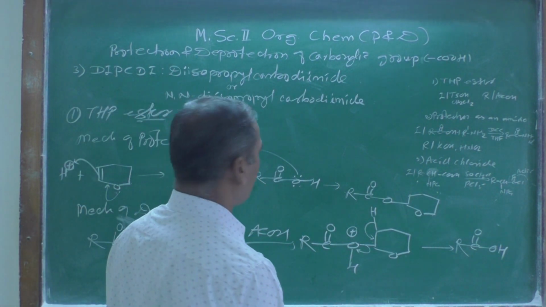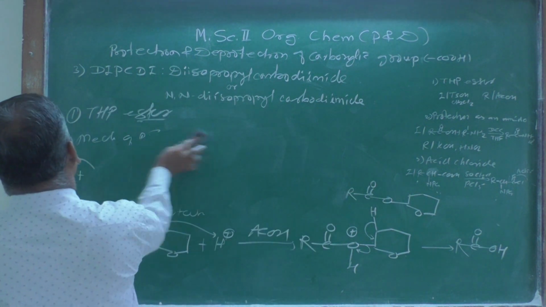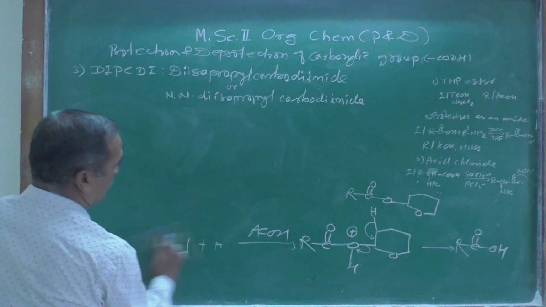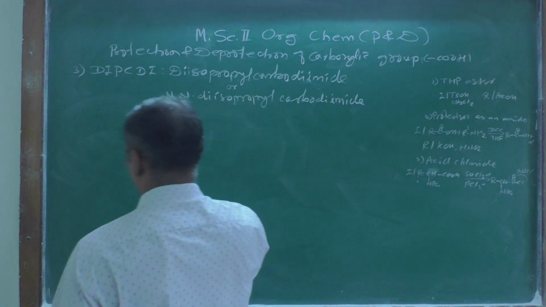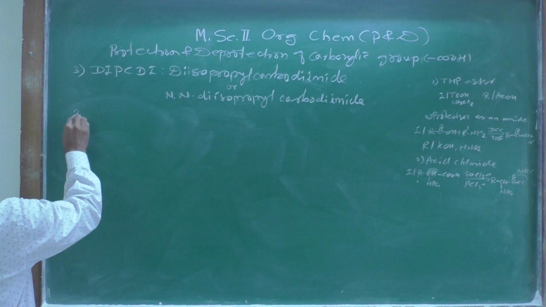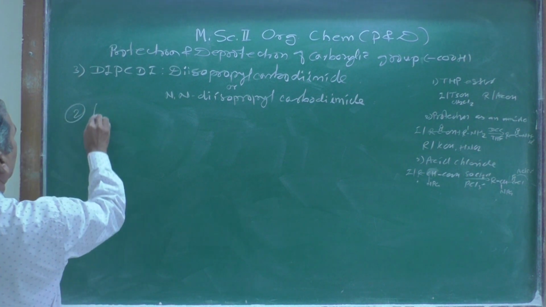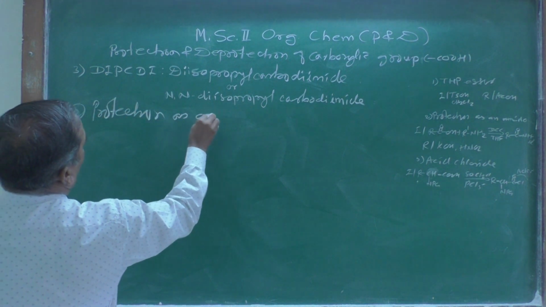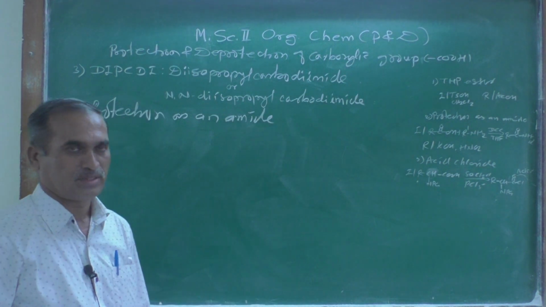Now let us see one more additional example for the protection of the carboxylic group. The second one is protection as an amide.